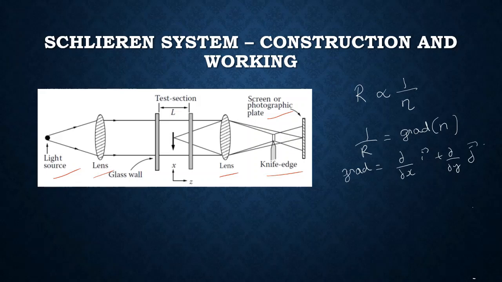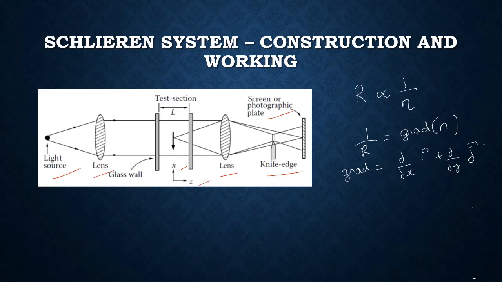With respect to two directions, here we are considering x and then z, but instead of z I am considering it as y. So ∂/∂x i vector plus ∂/∂y j vector is the gradient. The gradient value is generally useful for visualizing the density variation. How much is the density variation, or how much is the refractive index variation, right?